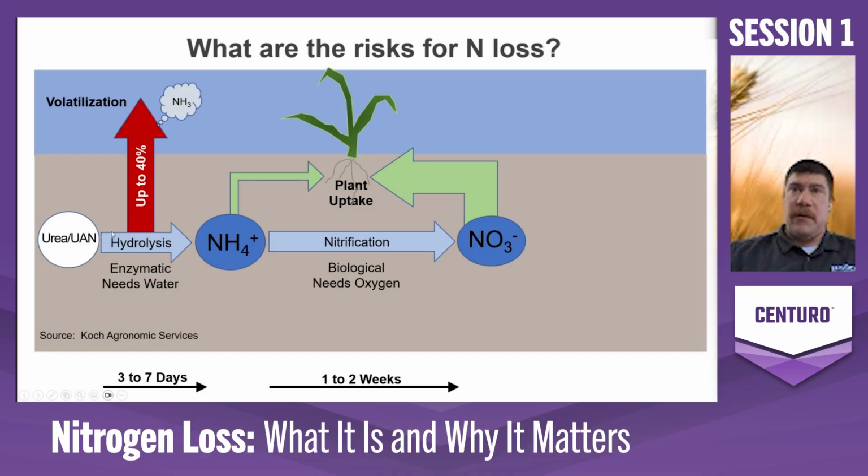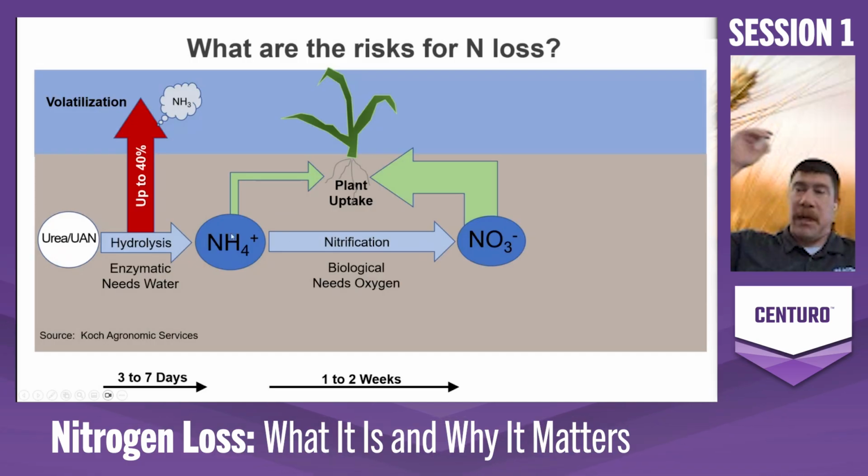Now, with other forms like urea and parts of UAN, we talk about volatilization. Not that much of a concern with anhydrous, which is one of the benefits of using it as a form of nitrogen. And one of the nice things about ammonia becoming ammonium once it's applied is that it's very stable within the soil.